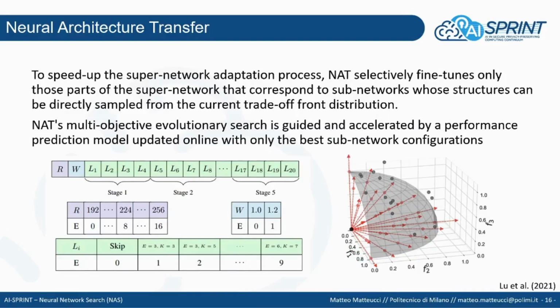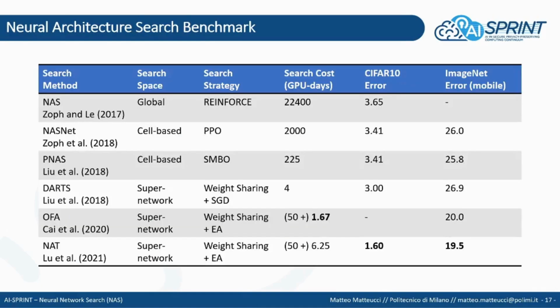Neural architecture transfer selectively fine-tunes only those parameters of the supernetworks that correspond to subnetworks whose structure can be directly sampled from the current front distribution. It uses a multi-objective evolutionary strategy to extract out of the supernet the architectures of interest. The result is an improved performance on the testing dataset.